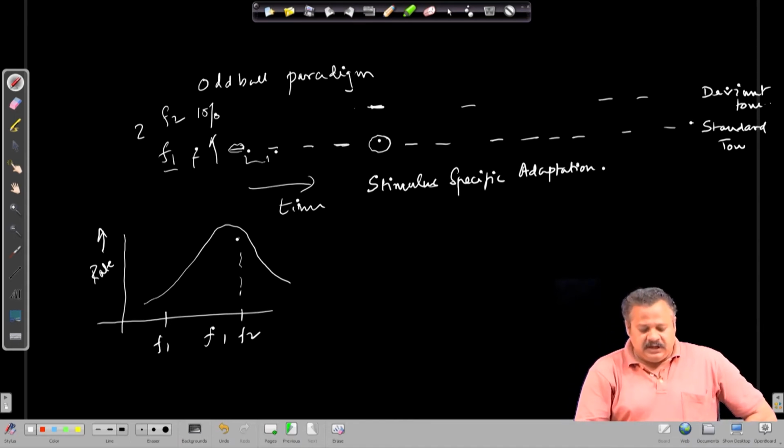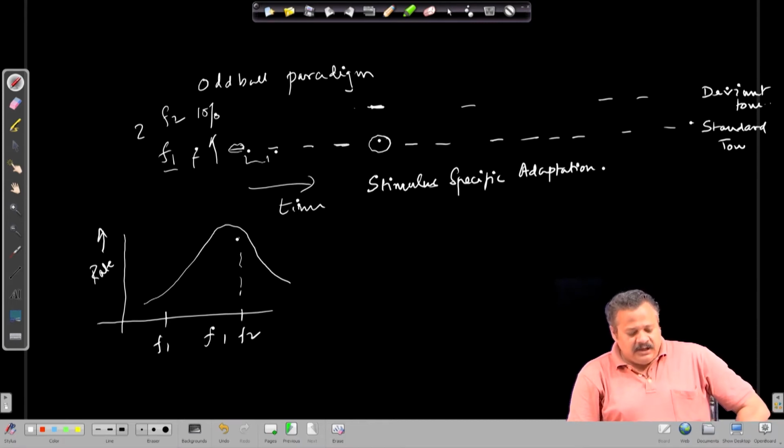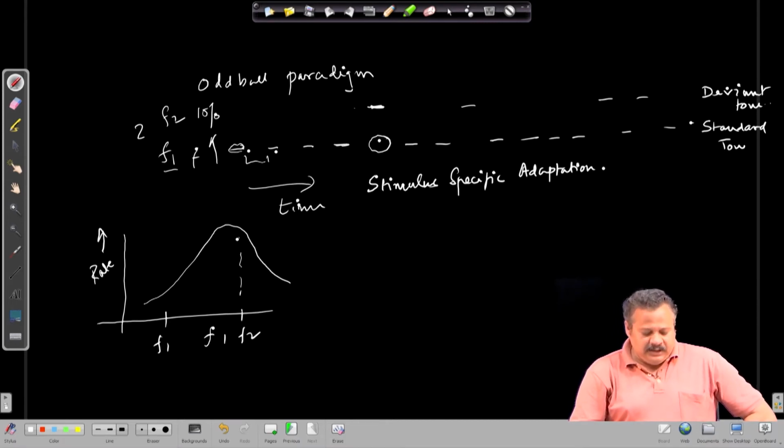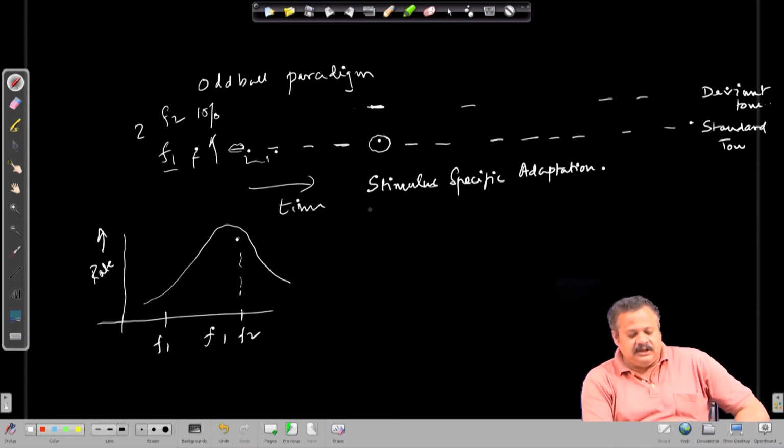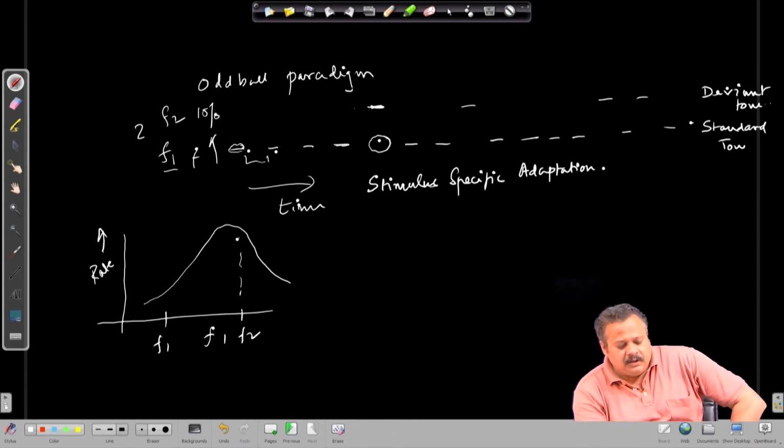Then of course it does not matter whether we present it rarely or frequently; f2, in spite of being presented frequently, may have a very strong response.